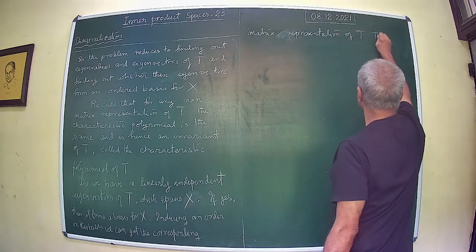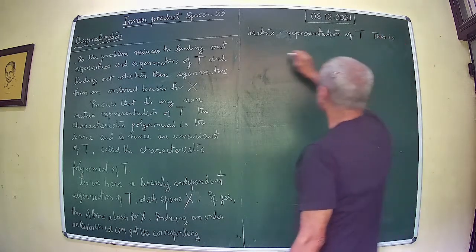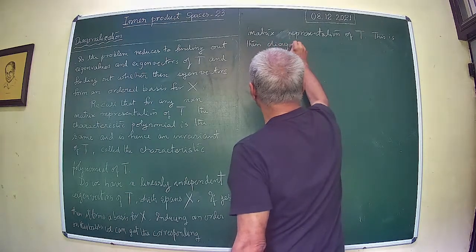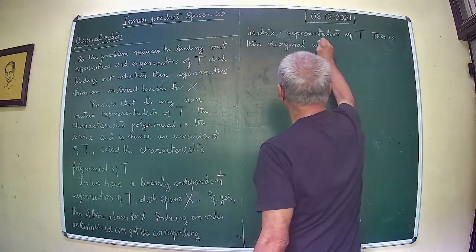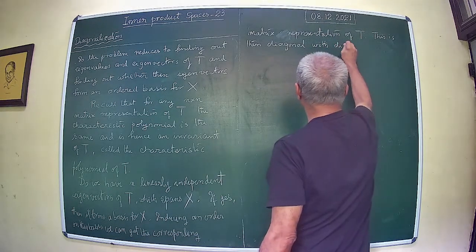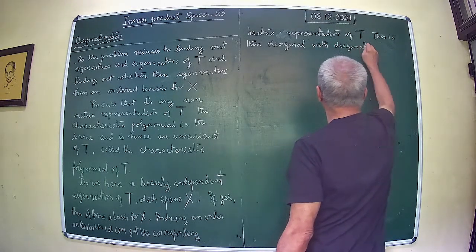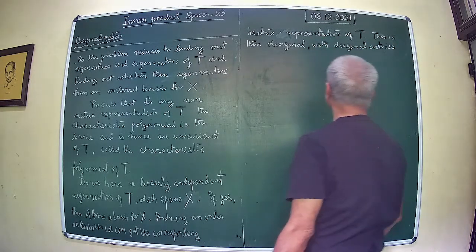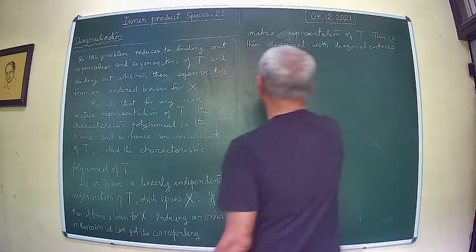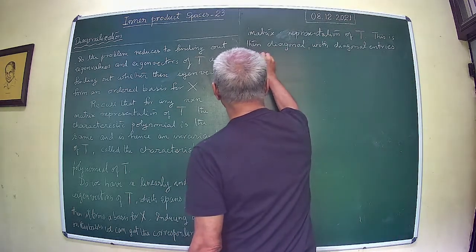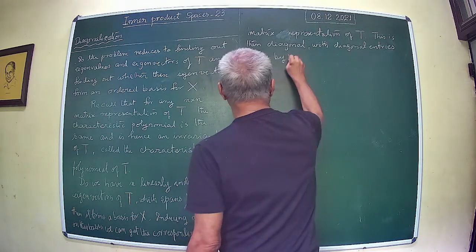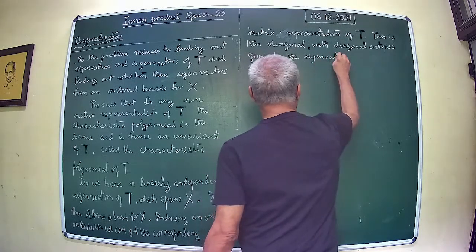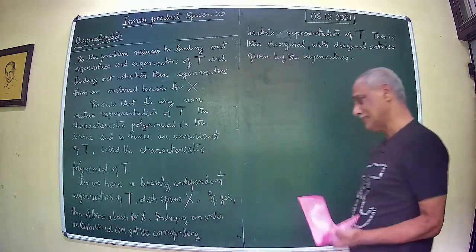This is diagonal with diagonal entries given by the eigenvalues. So this is what you see.